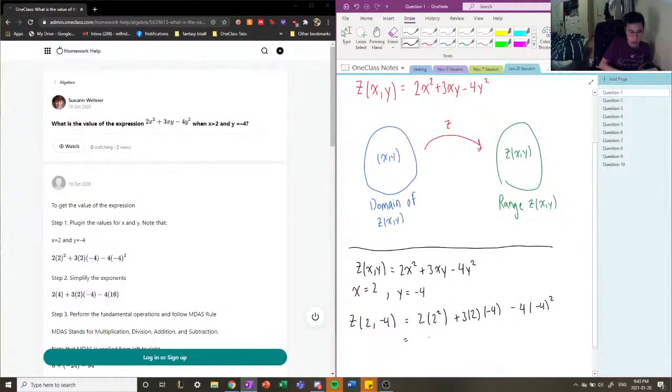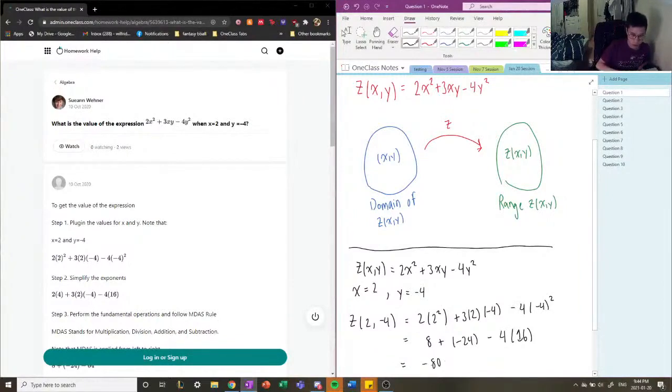And that's equal to 8 plus negative 24 minus 4 times 16, which is 64. So that's equal to negative 16 minus 64, that's equal to negative 80.